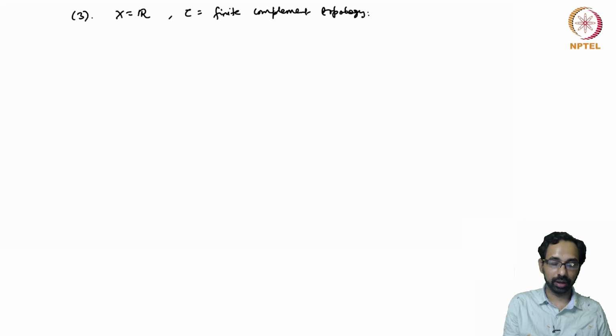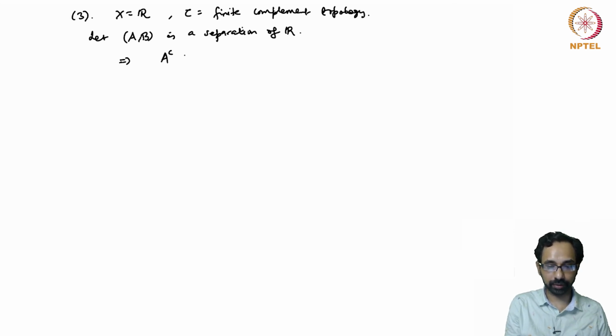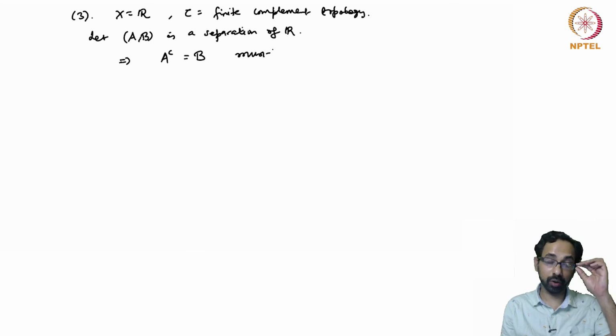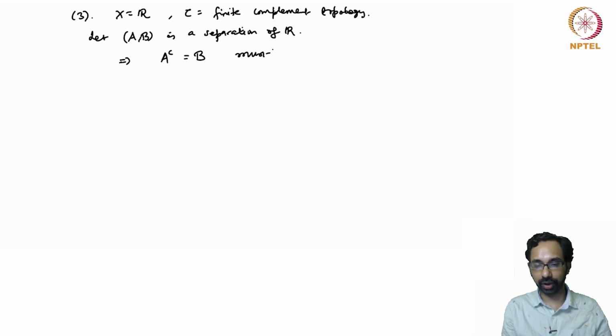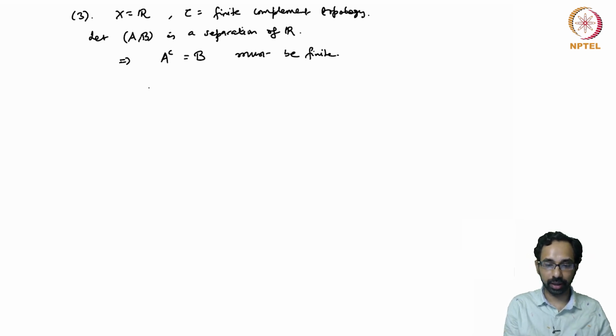Now suppose that AB is a separation of R, then this means that A complement, which is equal to B, must be finite, because this is how we define open sets in the finite complement topology, they are precisely the sets whose complement is finite. So since A is open, A complement, which is equal to B, must be finite, and similarly B complement, which is equal to A, must be finite.